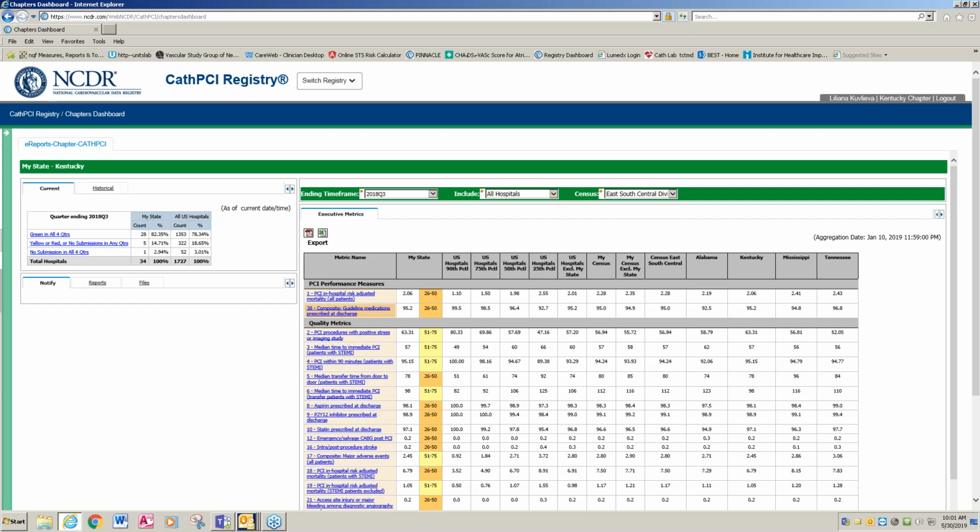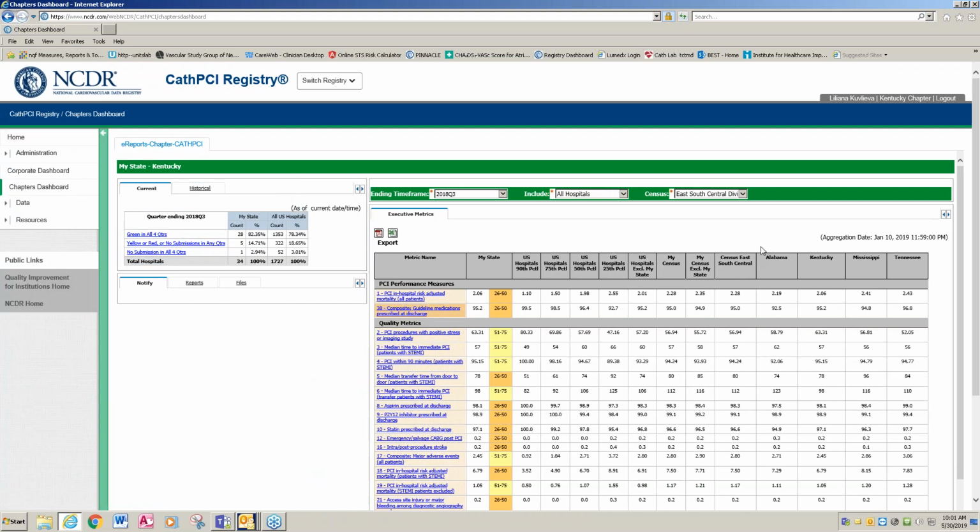And I decided to walk you through very briefly the way that we get those reports. It's very similar to the way that each of us is familiar with the NCDR dashboard, so the same way it's working for our chapter access.